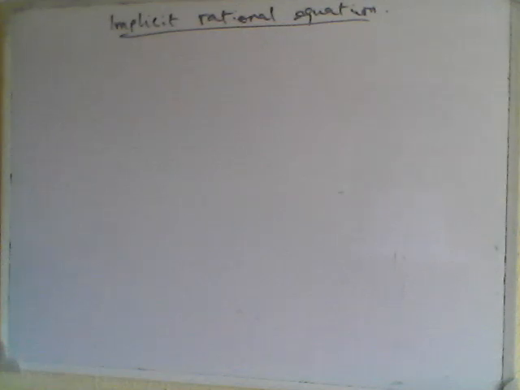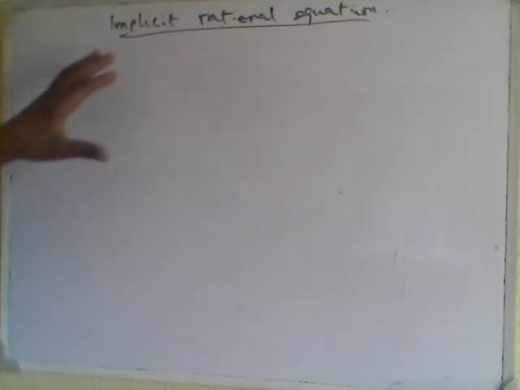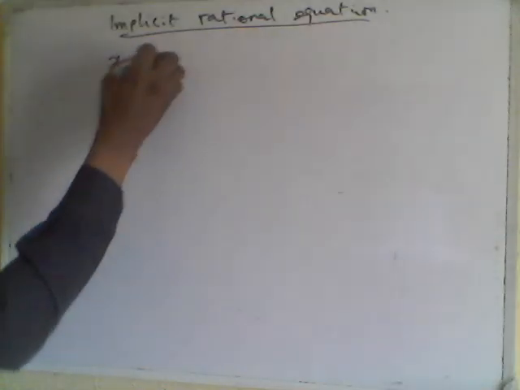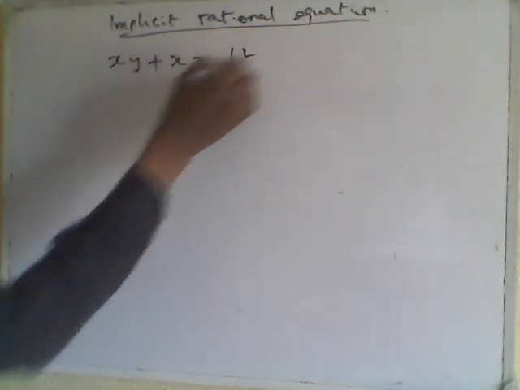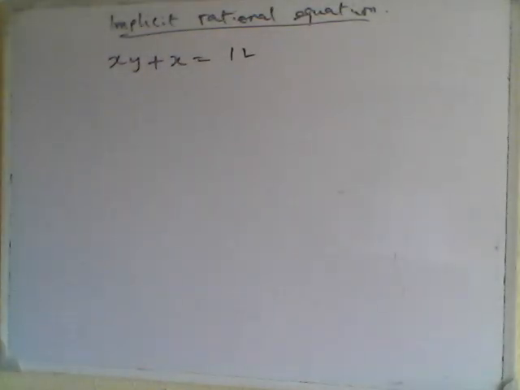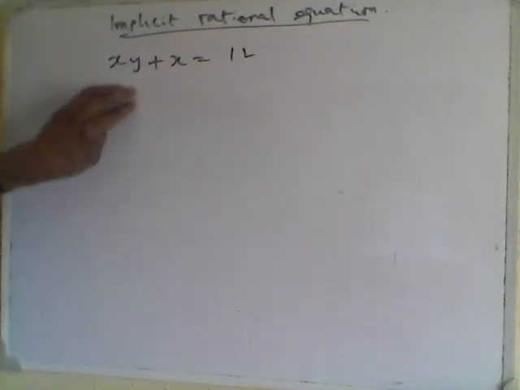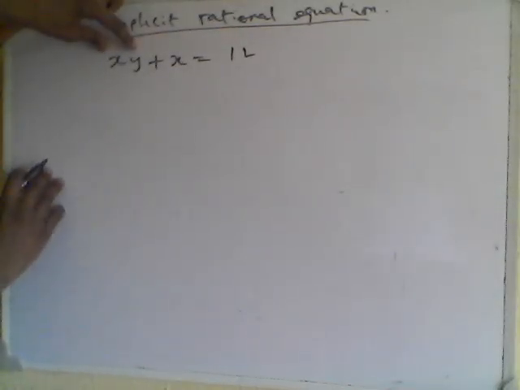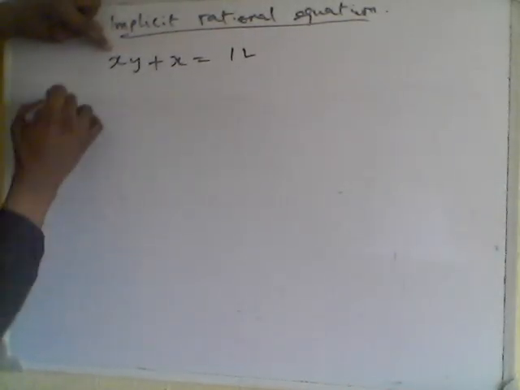So still under implicit differentiation, we are going to implicit rational equations. If I have this kind of equation, xy plus x equals 12, and I'm asked to differentiate, I'm going to differentiate the xy term using the product rule, and differentiate the other term normally.